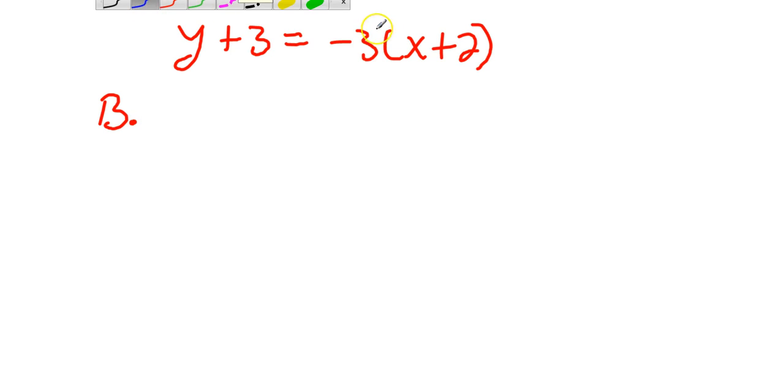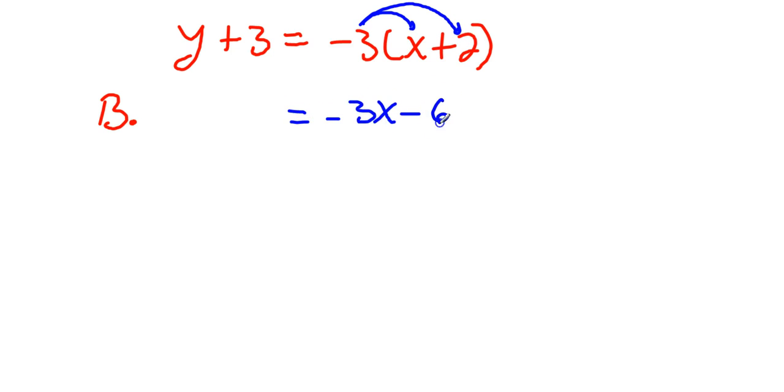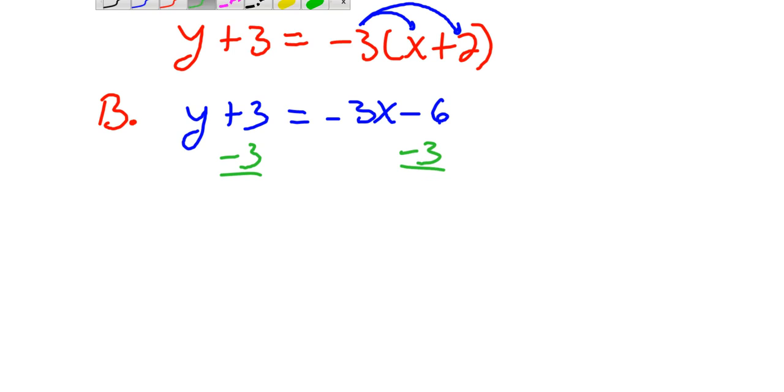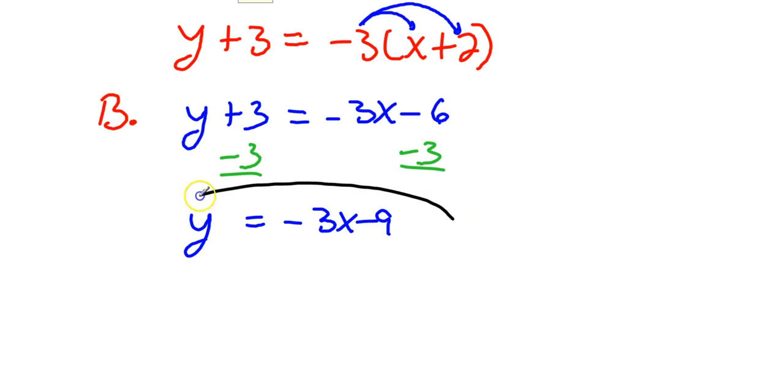You're going to do distributive property with the negative 3. And whatever this value is on the left hand side, you're going to add or subtract that number away to the right hand side, and then that will be your answer. And there's your B part.